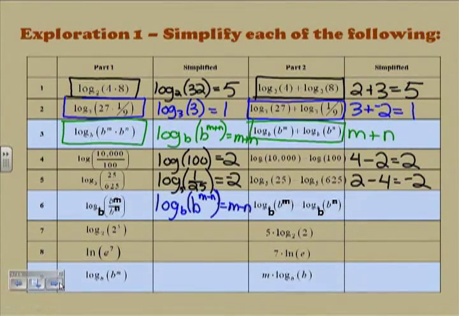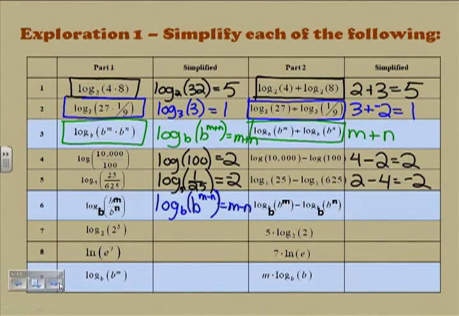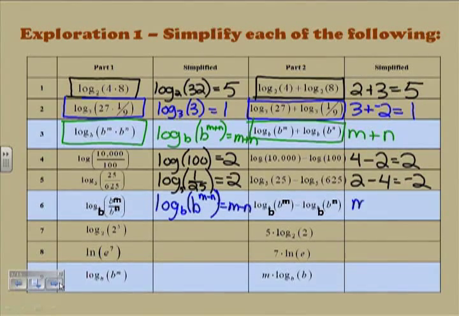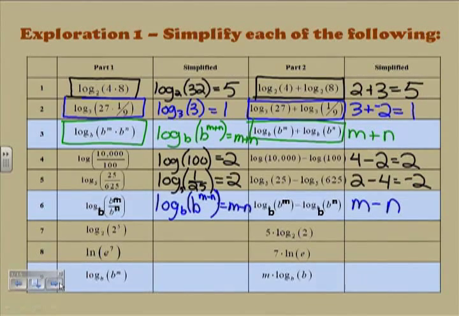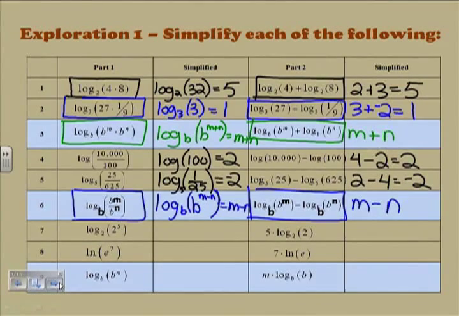And on the right-hand side here, when I do them individually, log base b of b to the m is m. Log base b of b to the n is n. So I got the very same answer both ways, which means that this quantity has to equal this quantity. In essence, we just derived or proved, whichever way you like to think of it, a property of logarithms. Like we did with the multiplication, now we've done it for division. And there's 1 to go.